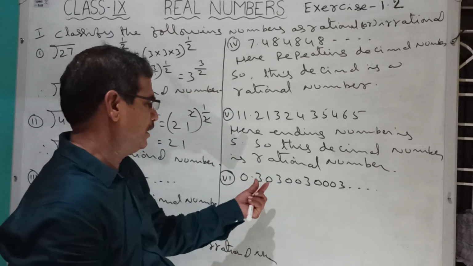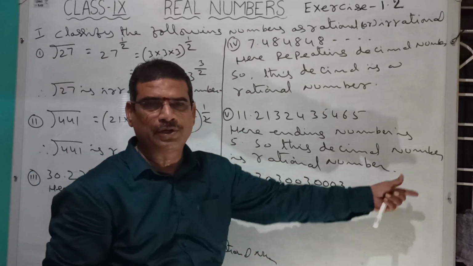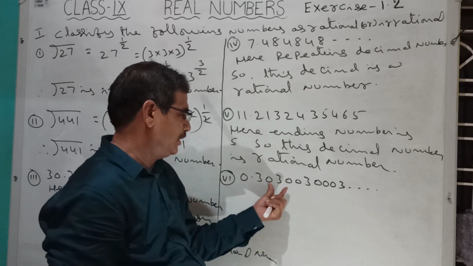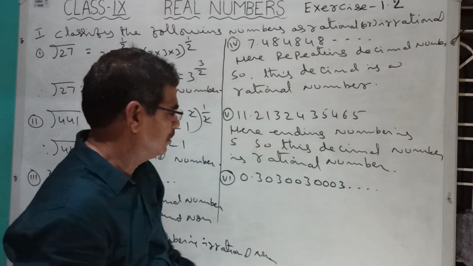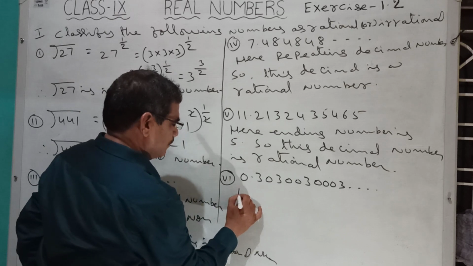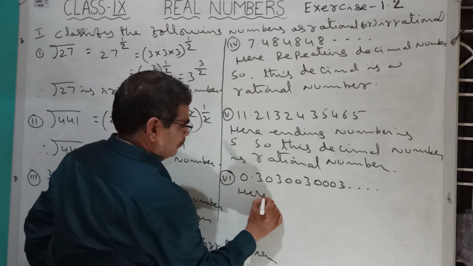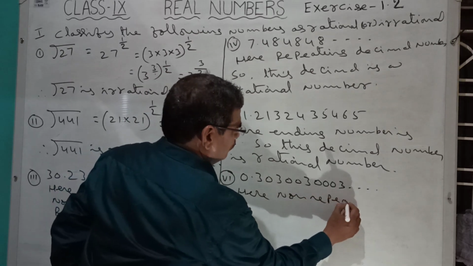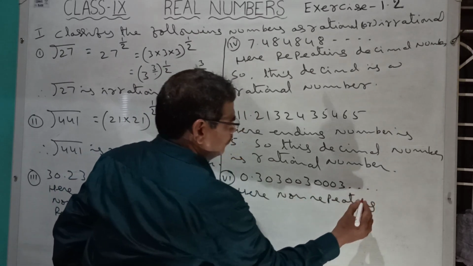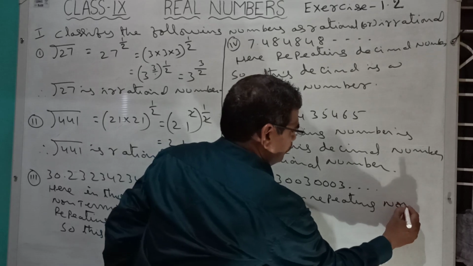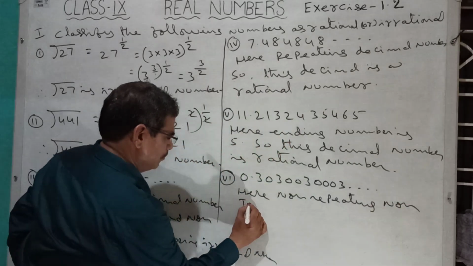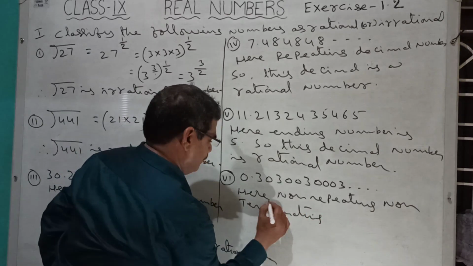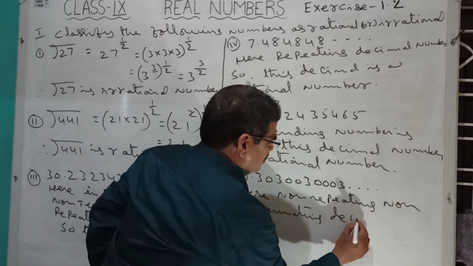So what about here? Here non-terminating going on. What about here? This is not also repeating. 30, 300, 3000 like this. So here non-repeating, non-terminating decimal.